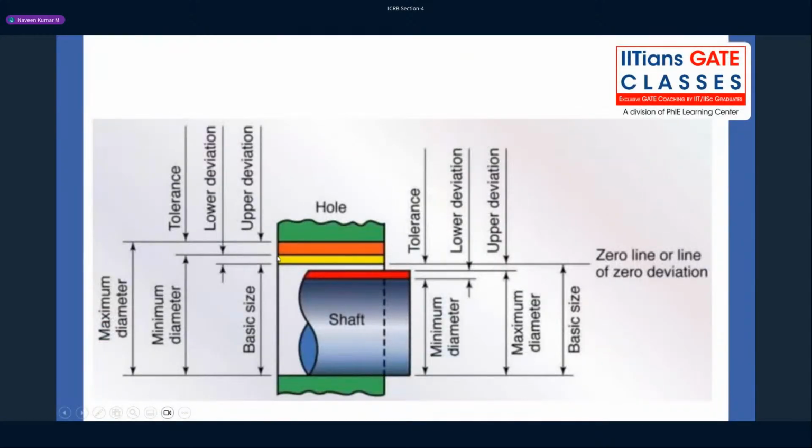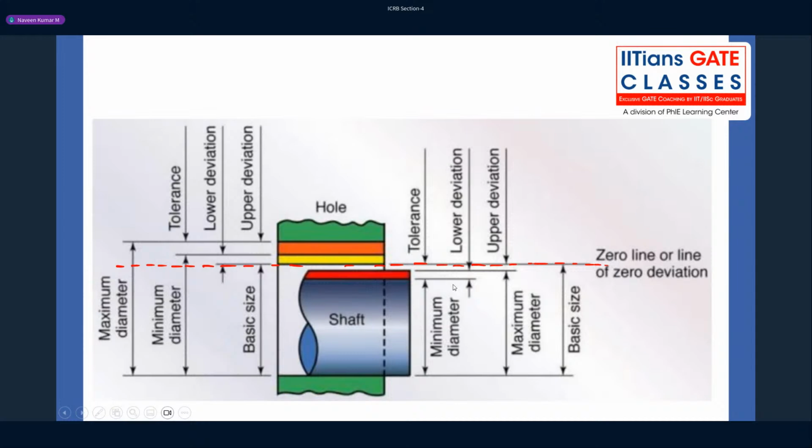See here. So this is hole. You see, this is the zero line. Let me draw the zero line with some red color to identify it. So this is the zero line here. Okay, that is the baseline. What the zero line is, is nothing but the dimension that is required. But if you see here, there is some gap.